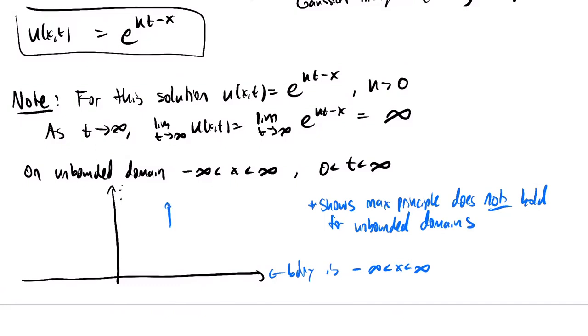Well, if I let t go to infinity, the solution blows up, meaning it goes to infinity. So it gets larger and larger, meaning the maximum can't be attained on the boundary. So the max is not on the boundary, because for any particular boundary value you pick, I can always make my solution larger.